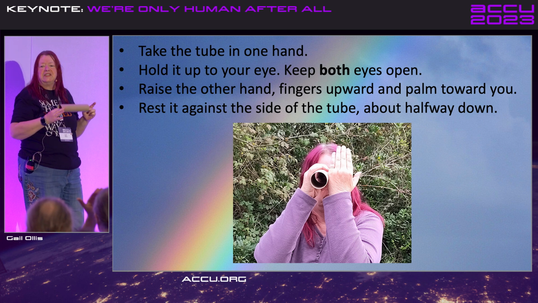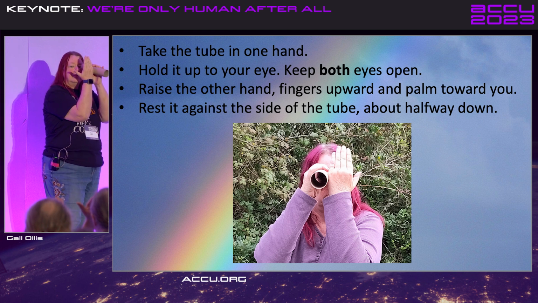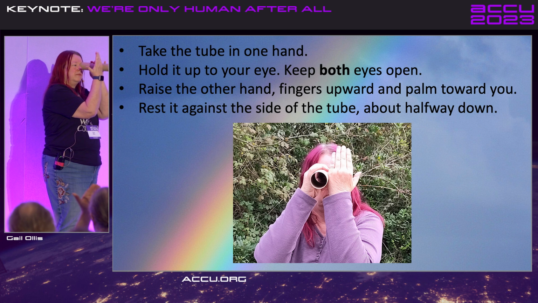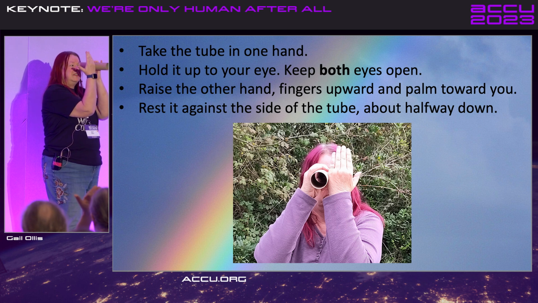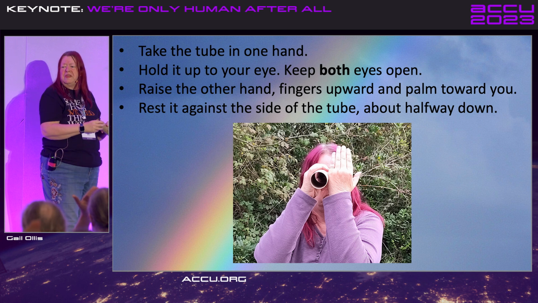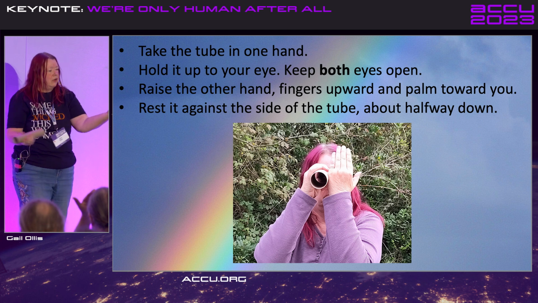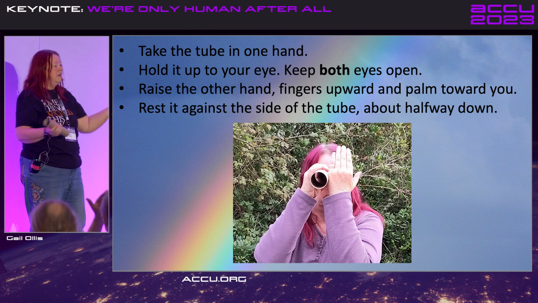Anyone got an effect? So hand right up against the tube, both eyes open, and look ahead into the distance. Anyone got a hole in their hand? Yep. So is there a hole in your hand? No.